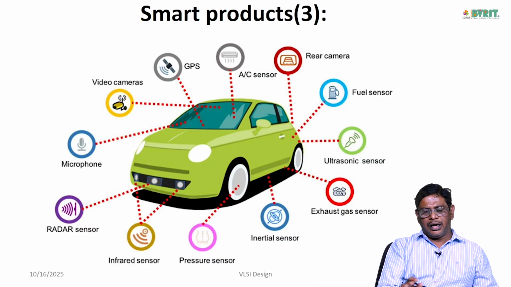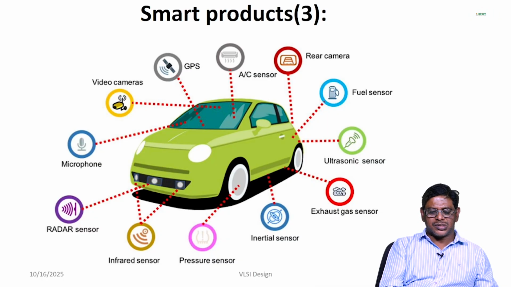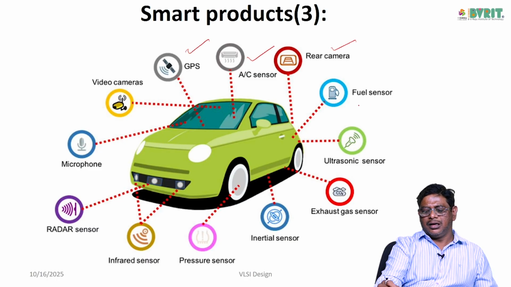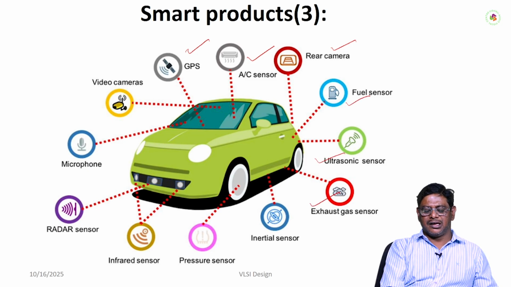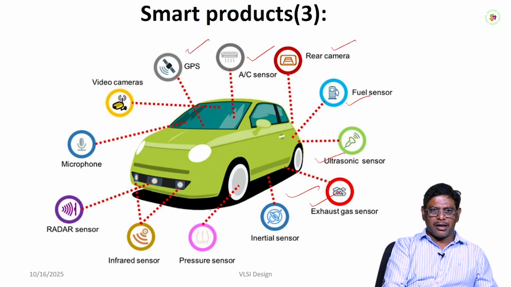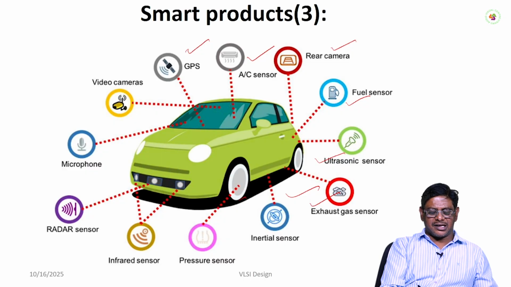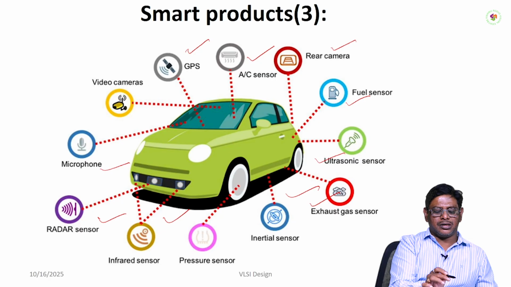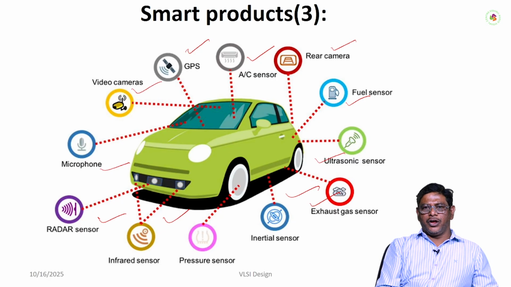Apart from this, some of the industries are concentrating on different products used in electric vehicles. If you see those kinds of smart products, there are GPS modules, sensors, cameras, fuel sensors, ultrasonic sensors, exhaust gas sensors, inertial sensors, tire pressure sensors, infrared sensors, radar sensors, microphones, and video cameras.